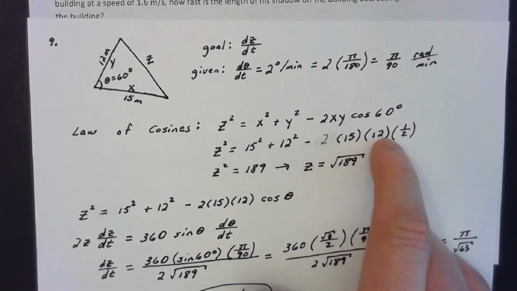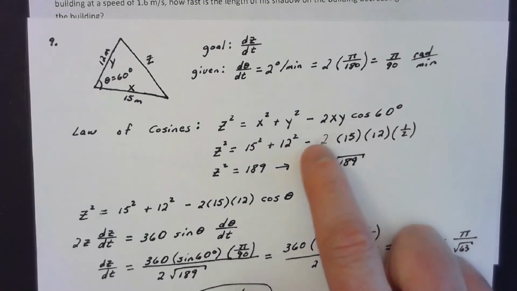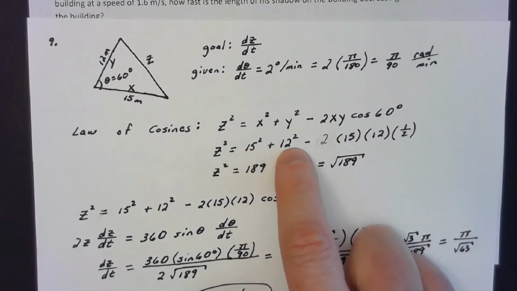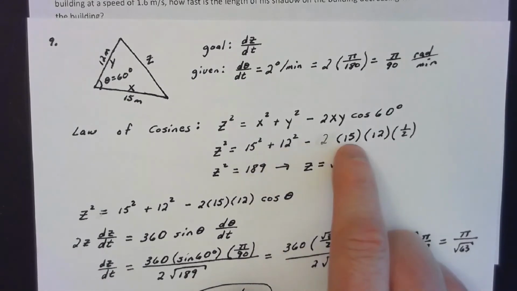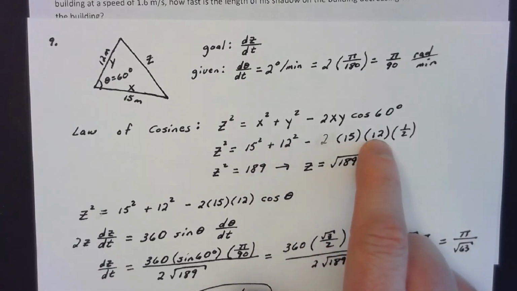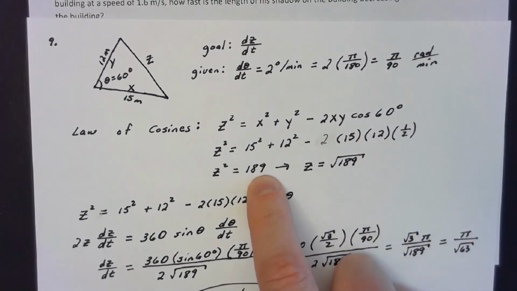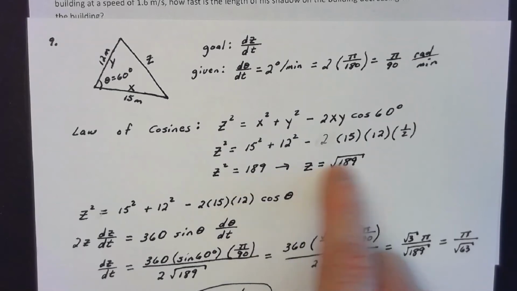The cosine of 60 degrees, that's 1/2. Now that 1/2 and that 2 cancel, and you just have 15 squared plus 12 squared, that'd be 225 plus 144, and then you'd be subtracting from that 15 times 12, which is going to be 180, and when I did that, I had z squared is equal to 189, which means z is just the square root of 189.